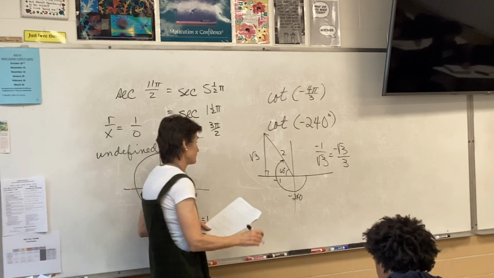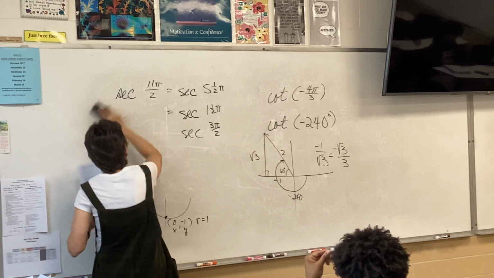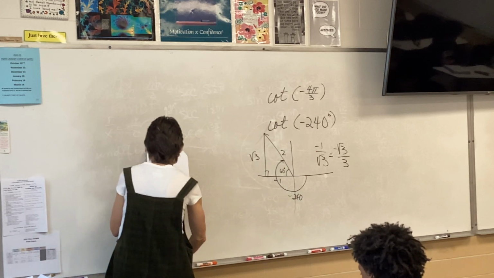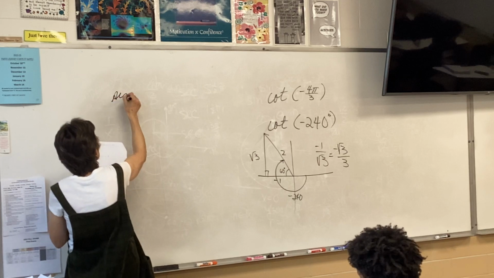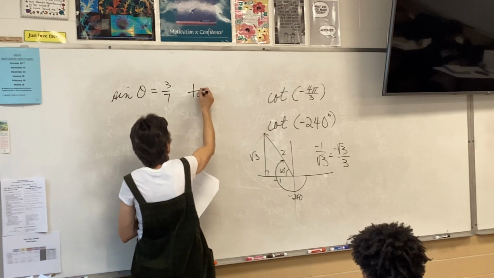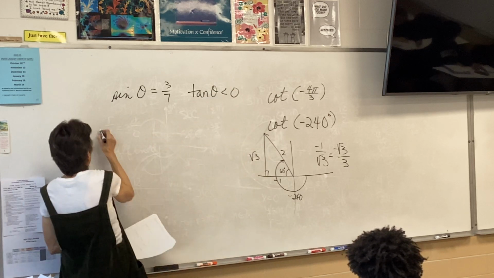Here's one that we won't rationalize, this very next problem. All right, let's see what's happening here. Given that the sine is 3/7 and the tangent is negative, find all the rest of them.